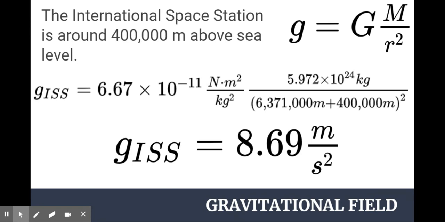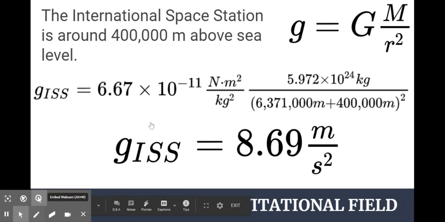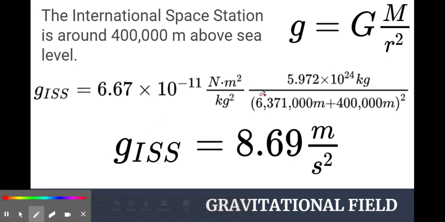One thing I will point out, I didn't point it out in the other ones, but I'm going to point it out right here. Okay, notice our radial distance includes the radius of the Earth and the height above the Earth. You add them together and then you square that total sum.